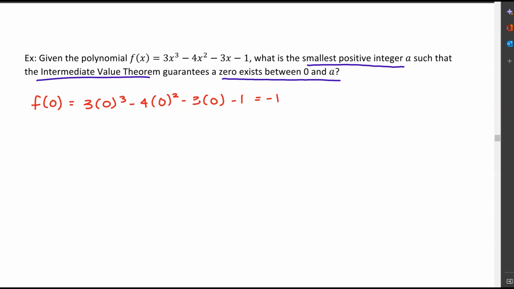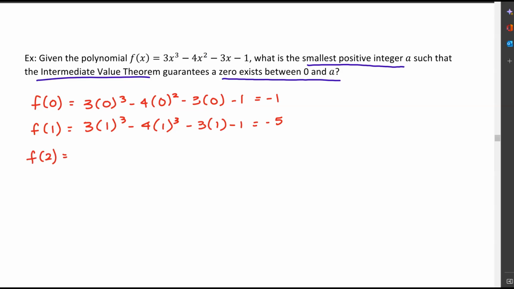So if I plug in f of 1, we're going to get 3 to the 1st minus 1. So we plug that in, we're going to get negative 5. Okay, well, that's not it.